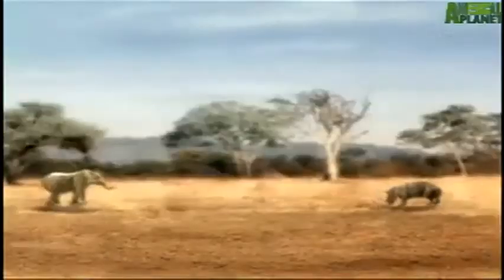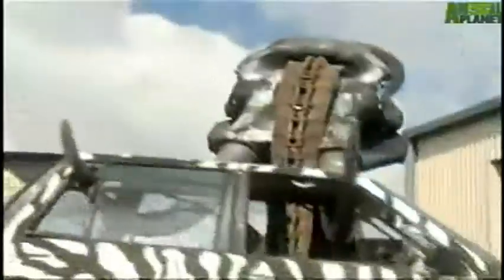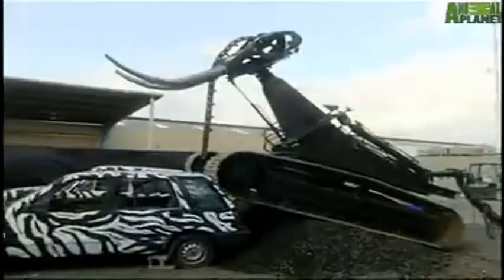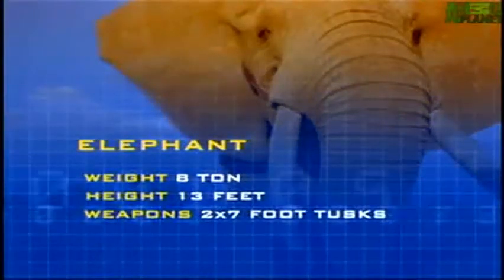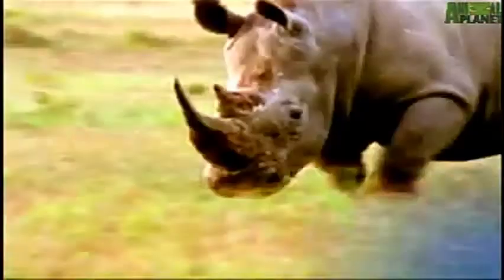So what do our two beasts bring to the fight? Horn versus tusks. Head versus head. And speed versus weight. When these Goliaths engage, it will be a true battle of giants.